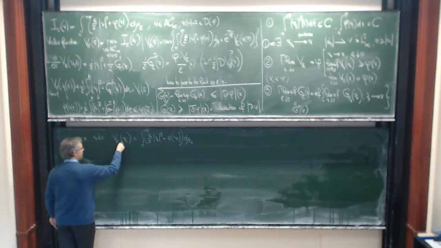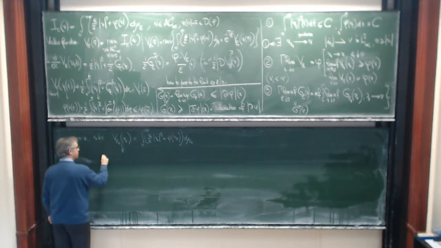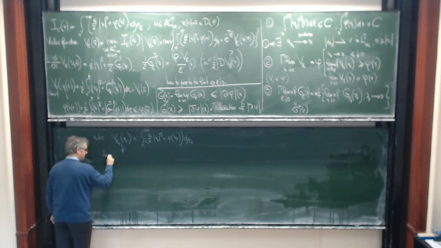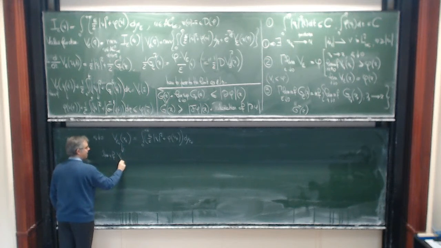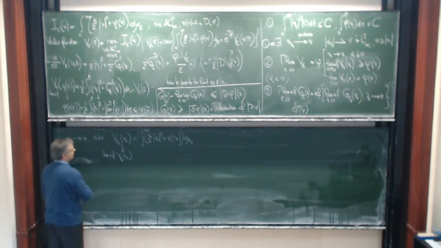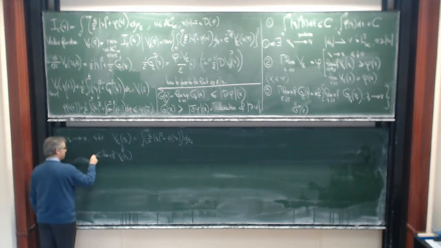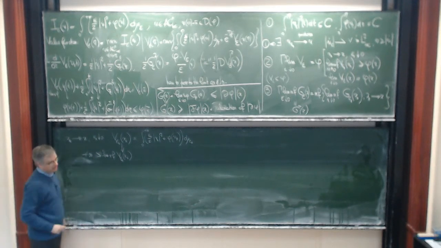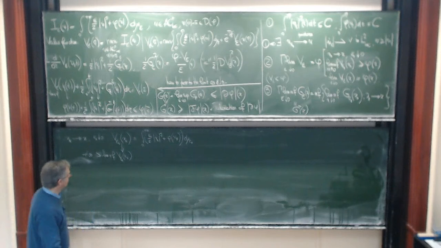So I may assume that this quantity converges up to extraction to the Lim-inf of v epsilon n xn, and I may also assume that this Lim-inf is finite, otherwise the inequality is always true.